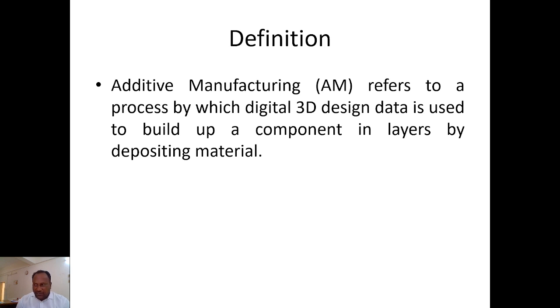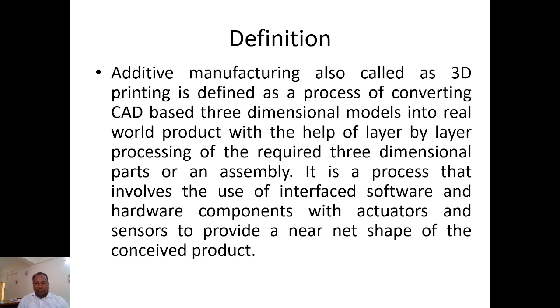So the main input for additive manufacturing is the CAD data, including the thickness of each layer and how it is to be processed. It also follows a layer by layer approach. Additive manufacturing is also called 3D printing, rapid prototyping, or layer by layer manufacturing process, among other names.